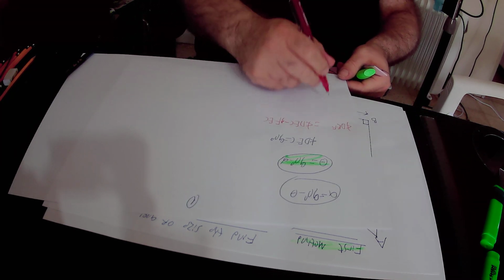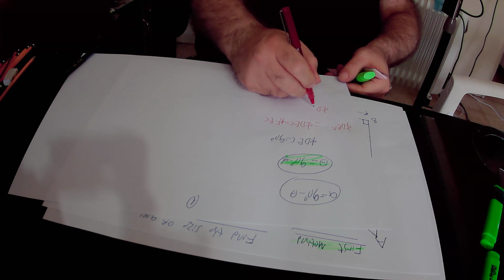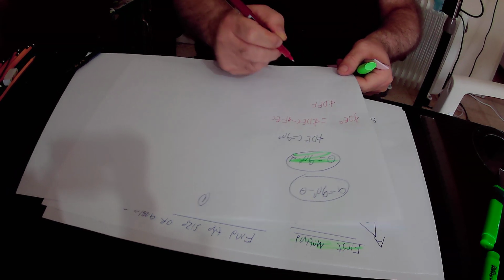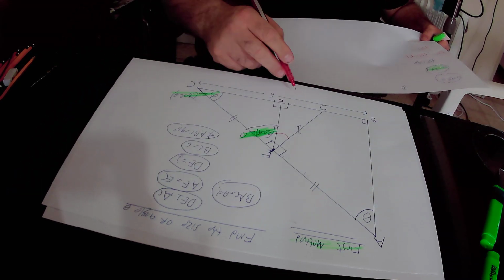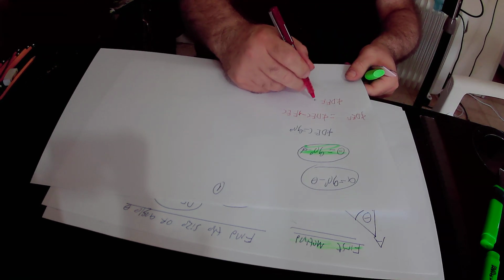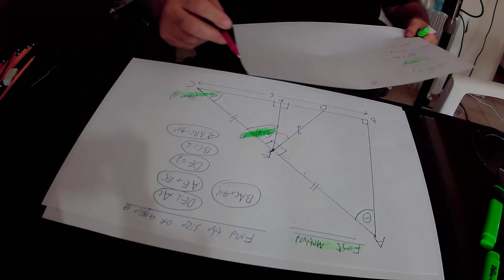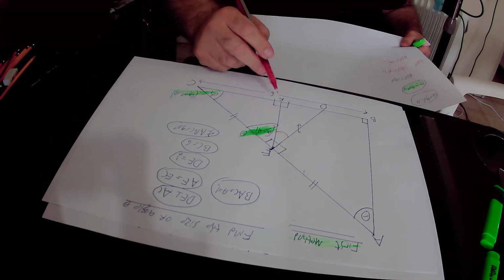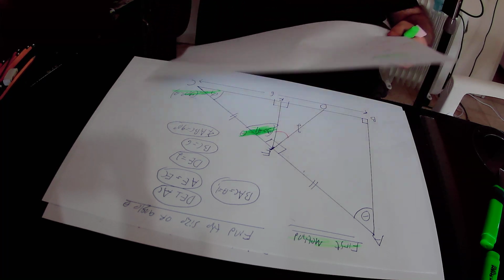So angle DEF will be equal to angle DEC, that is 90 degrees according to what is given in the question, minus angle FEC. Angle FEC equals 90 degrees minus alpha.